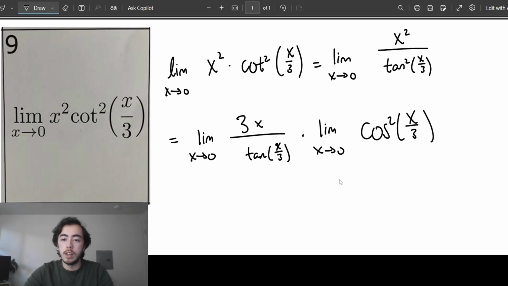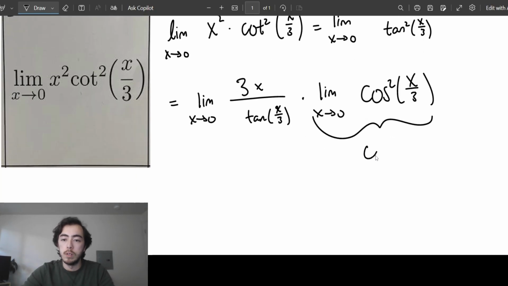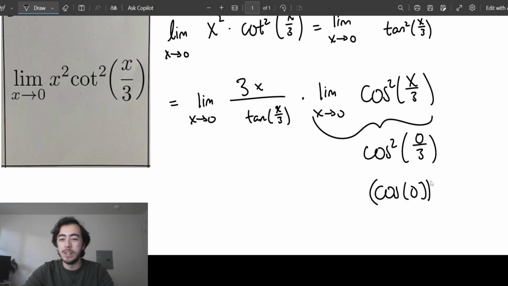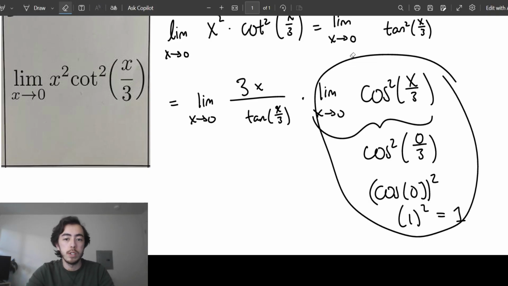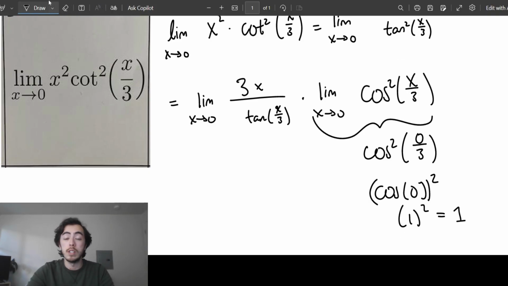And then like I was saying, this one we can actually solve with direct substitution. Cosine squared of 0 is just 1, because cosine of 0 is 1, and then squaring the 1, we still get 1. So this factor right here just doesn't really do much in my limit, and so fortunately, I can take it out.